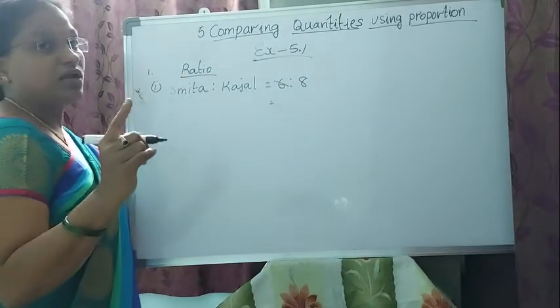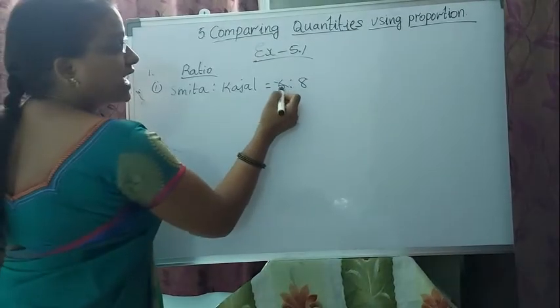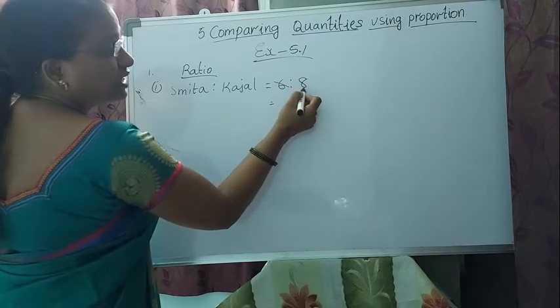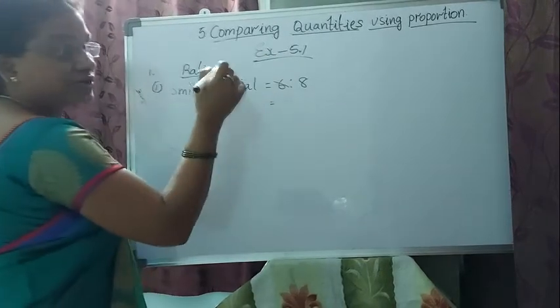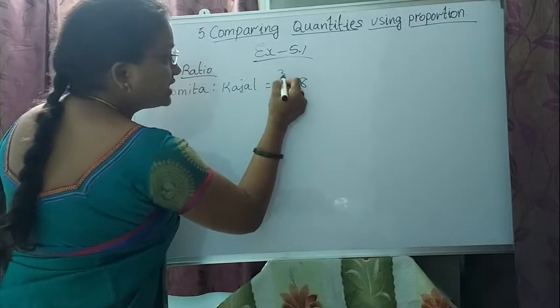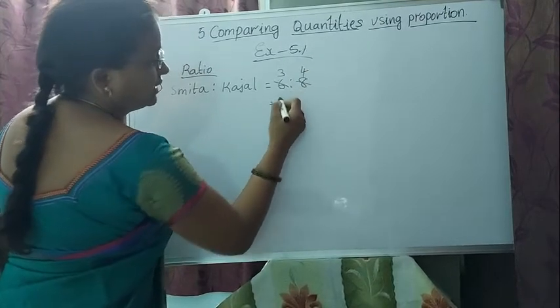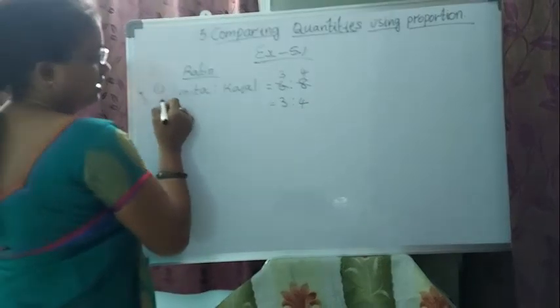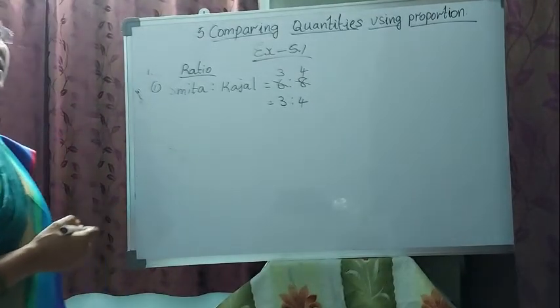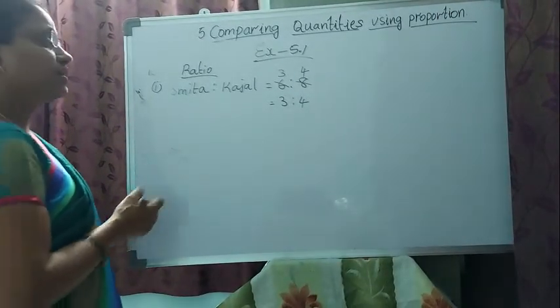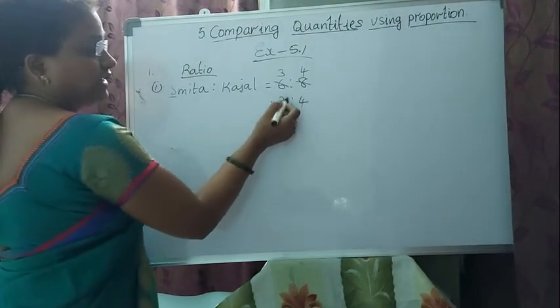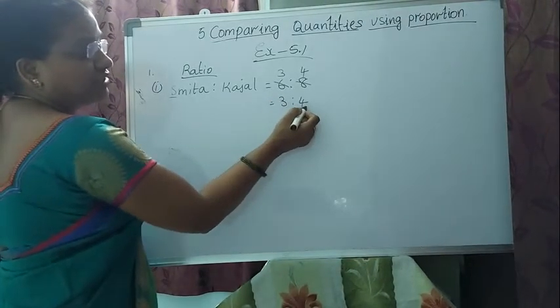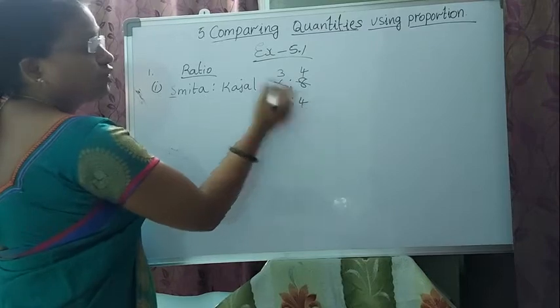Whatever you cancel here with 2, you have to cancel the other also with 2. You have to divide with 2. 2 3s are 6, 2 4s are 8. So 3 is to 4 is the ratio of the hours. Smita works 3 times means that Kajal works 4 times.